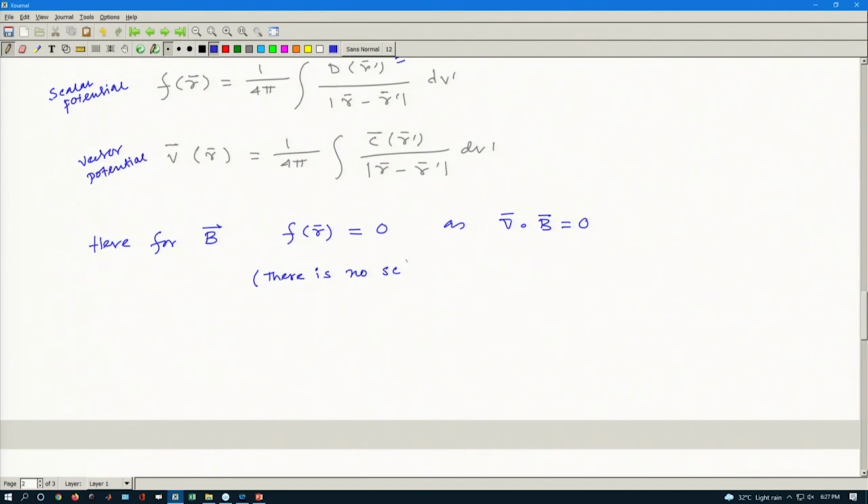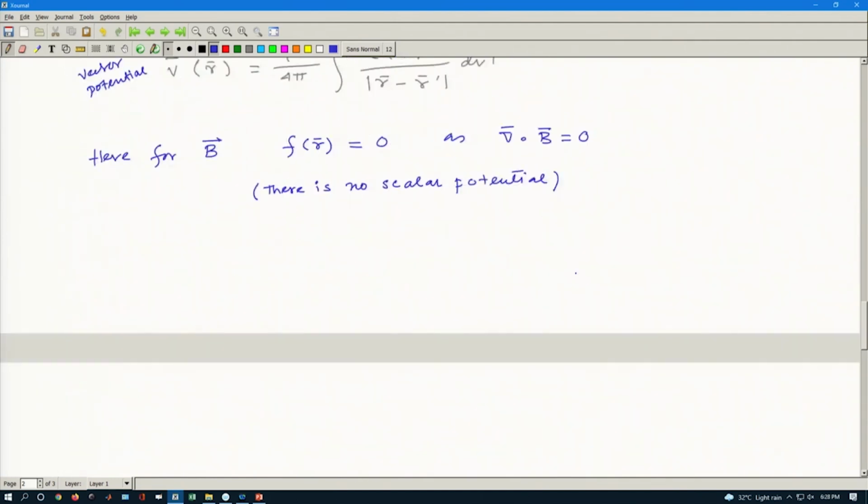So, there is no scalar potential for magnetic field B.